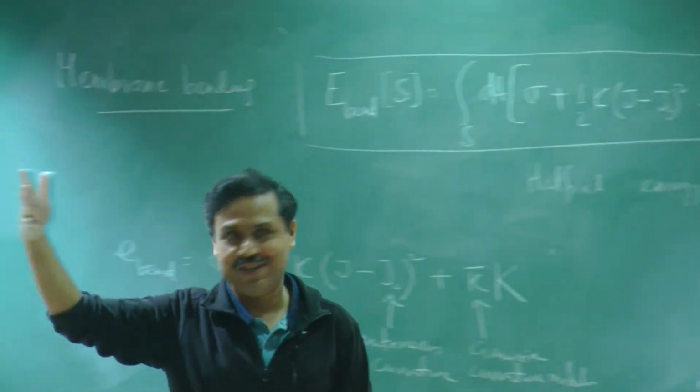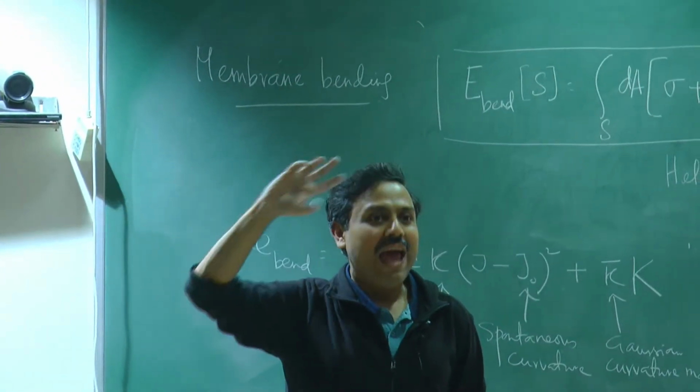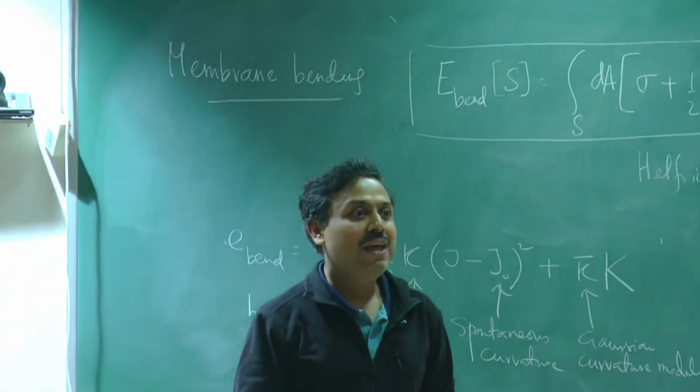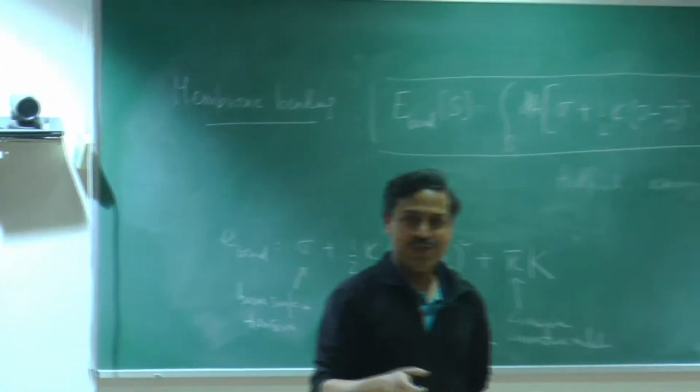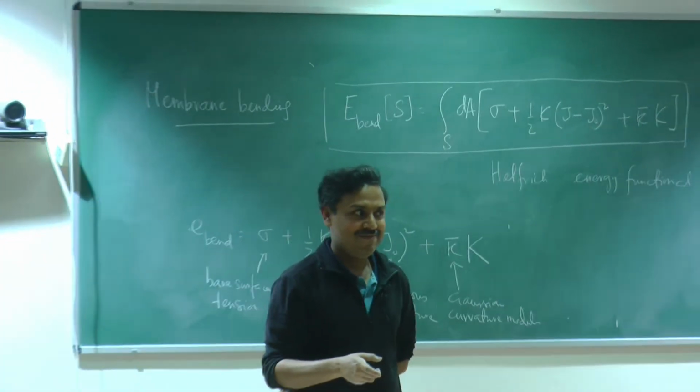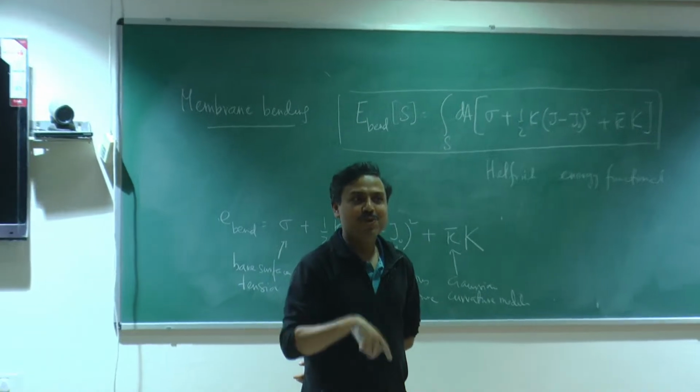You do a variational, just as you do for any surfaces that you have, as classical mechanics would have taught you. So you do a variational with respect to this and find out what this is going to look like and put it equal to 0. Minimization is basically extremization, so put it equal to 0 and then find out what that is going to give you. That is going to give you what are called the shape equations. Okay? So that's what is going to give you the shape equation.